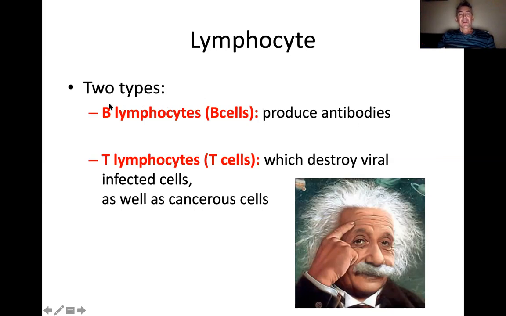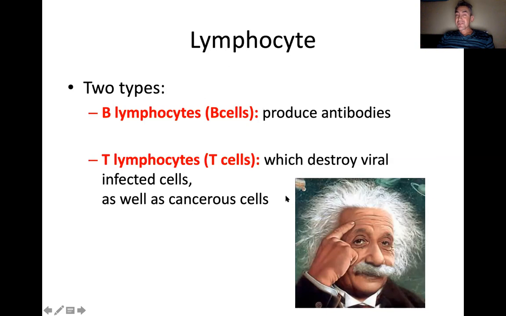So a big category of lymphocytes, we're going to talk later in the immune system about, are the B lymphocytes. And then we have the T lymphocytes, which are going to be the warriors that attack not foreign bodies, but irregular self antigens, cells that belong to ourselves, like cancers, right?